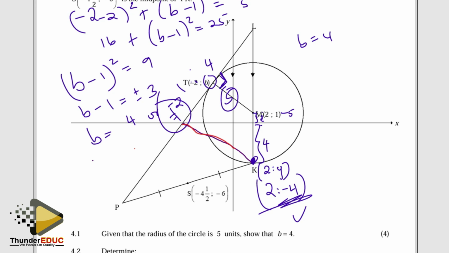It's something like this, so that I have this as my first shape. Does that make sense? Yes. I'm going to have this as my second shape.